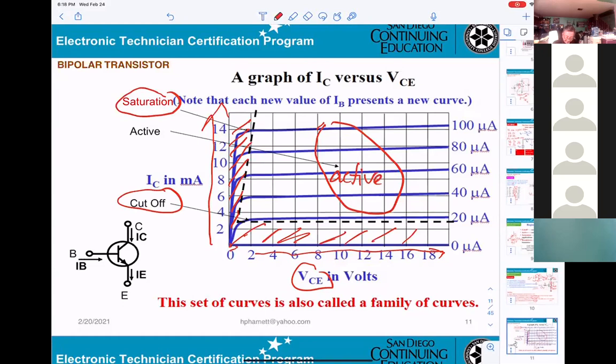Now, if I get a point in here, can you tell me what current IC you get at this point?